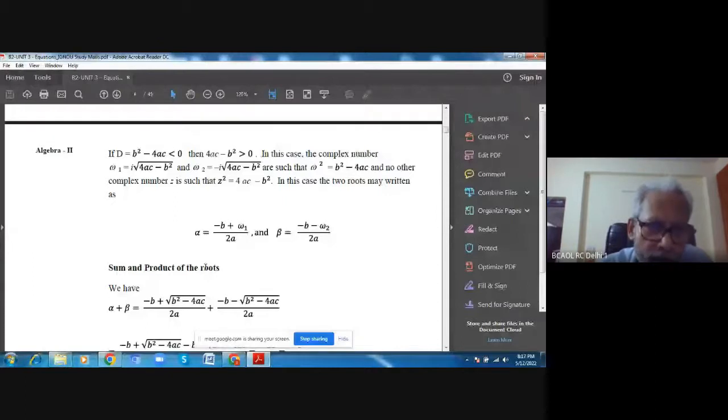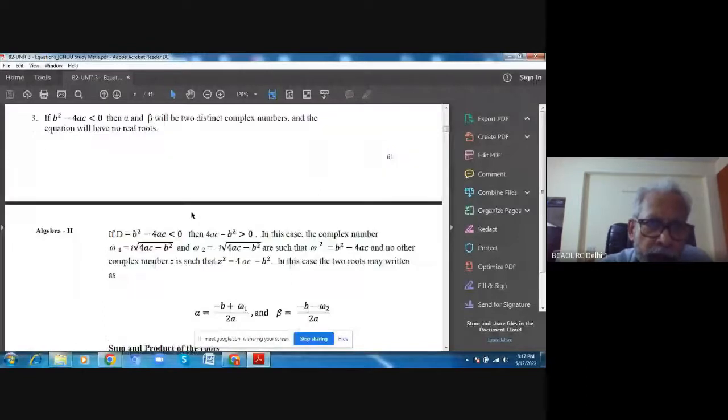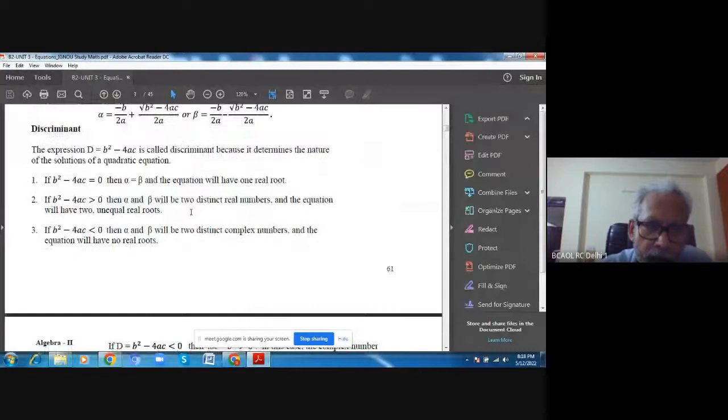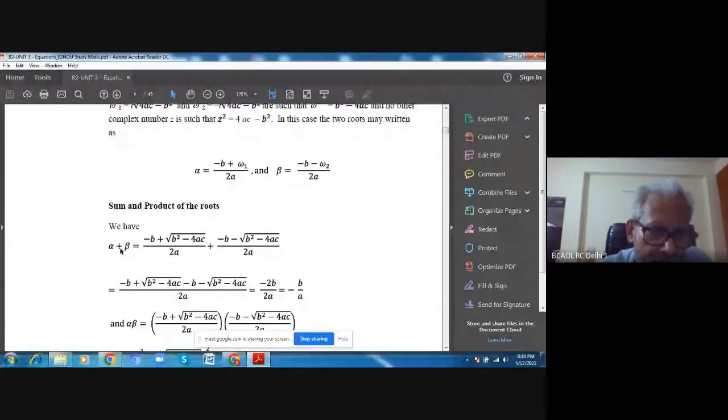Now, there are two things you have to keep in mind. Suppose the two roots are alpha and beta. So alpha and beta are the two roots. In this case, if we take them, how do we add them?